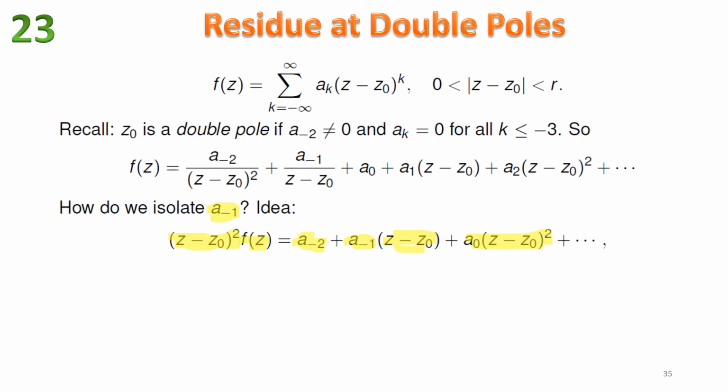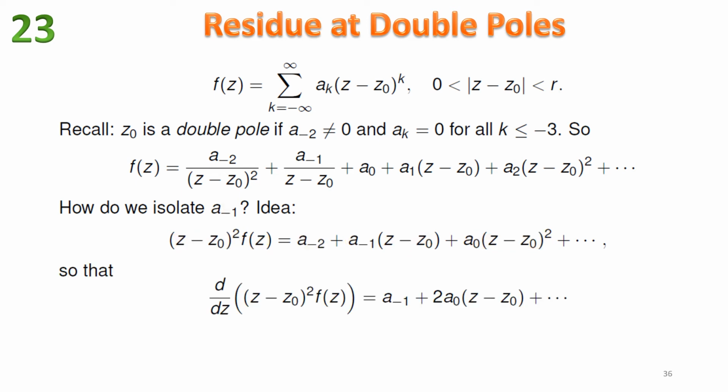Now here we have to isolate the term a minus 1. How will we do that? Just pause the video and think what we can do. So here is the idea. If you differentiate this equation on both sides, what will happen? We have d/dz of (z minus z0) to the power 2 into f of z.